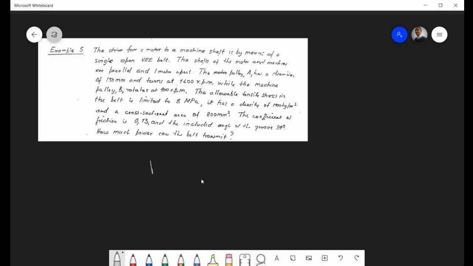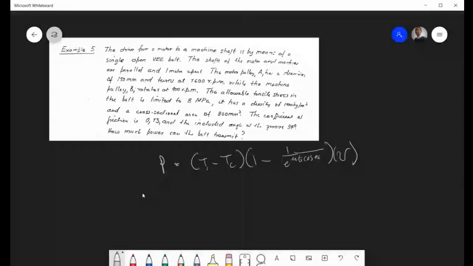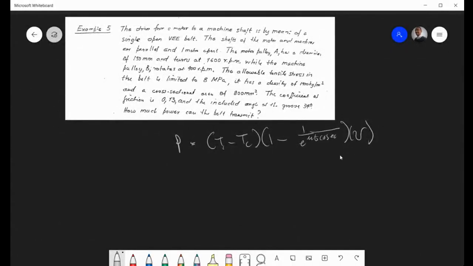So all we need to do is use our formula again. If you remember, T1 minus T2 equals T1 times 1 minus 1 over e to the mu theta cosec beta, times velocity. That's what we need to do. Simple, just with the cosec beta.